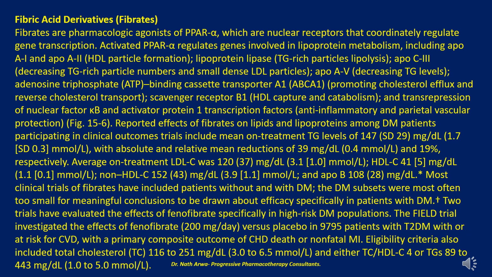Eligibility criteria also included total cholesterol, abbreviated as TC, 116 to 251 mg per deciliter, that is 3 to 6.5 millimoles per liter, and either TC to HDL-C ratio 4 or higher, or triglycerides 89 to 443 mg per deciliter, that is 1 to 5 millimoles per liter.